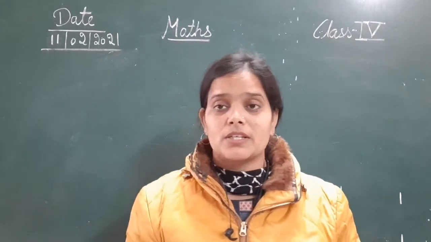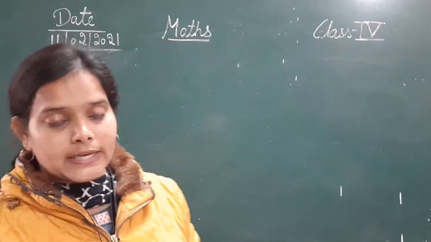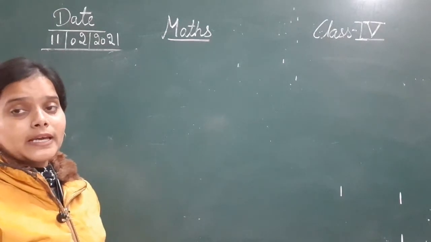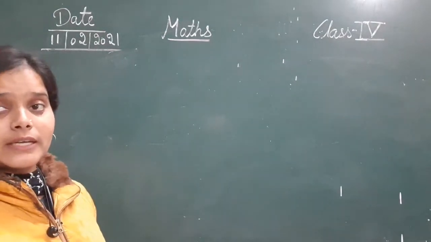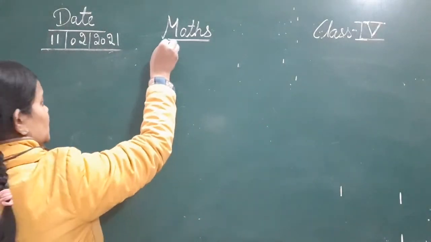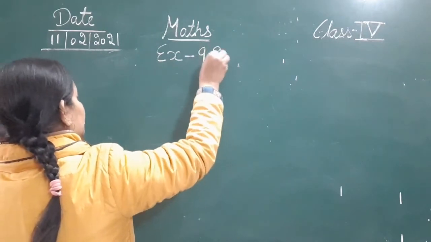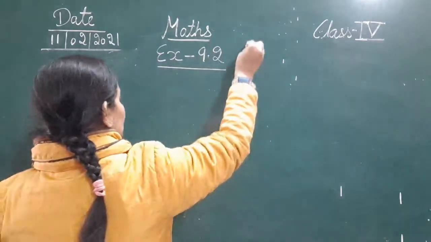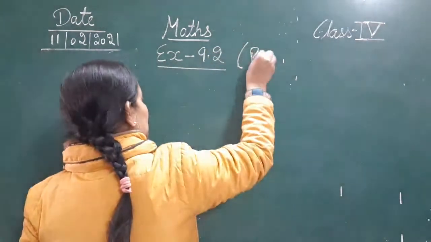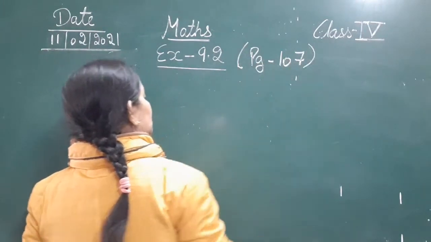Okay, so I'm just writing the topic on the board and all of you by the time open the books at exercise 9.2. The question number is 12 given at page number 107.